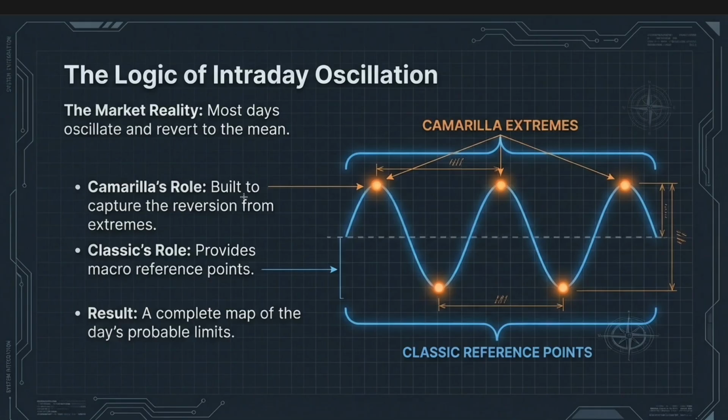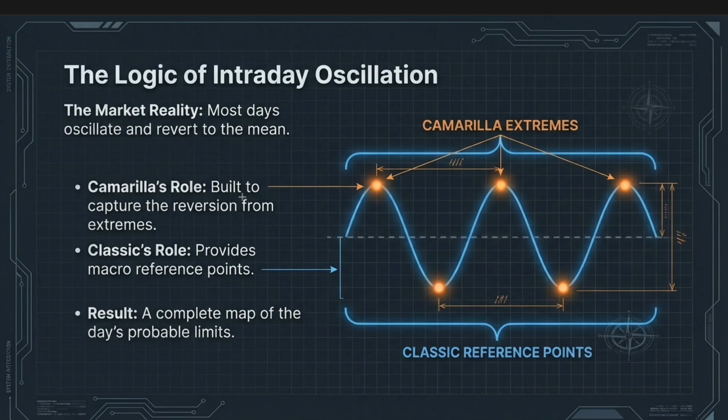I just wanted you to understand how a combination of these two different formulas can help you in your day trading. With Camarilla, you have different information. Camarilla from the beginning was built to catch reversions from extremes.